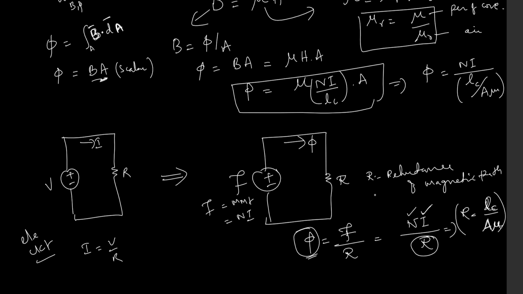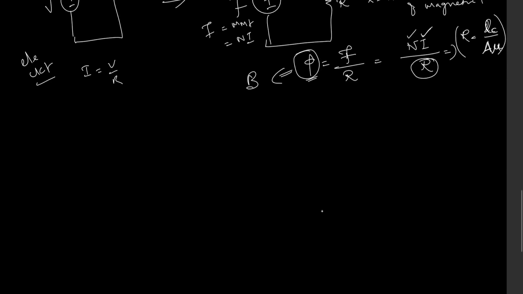So these many parameters are there with which I can control the flux, or indirectly the flux density in the core. Okay, now let me show the equivalent circuit also.